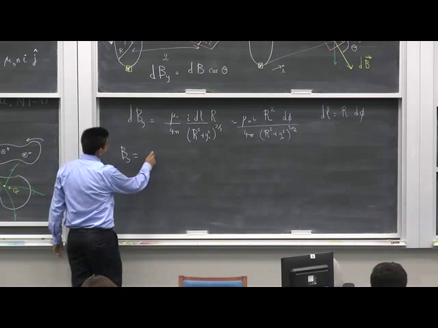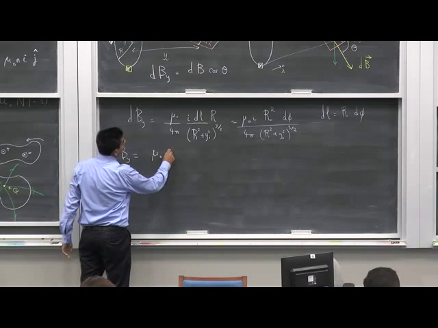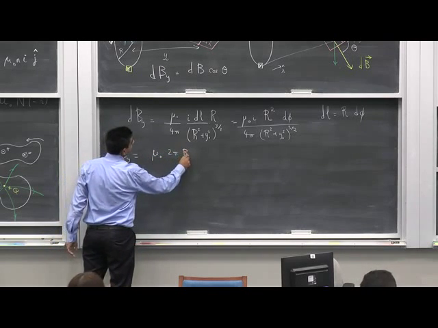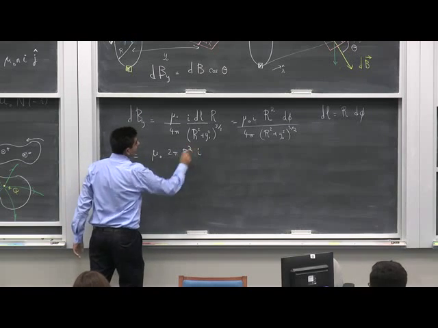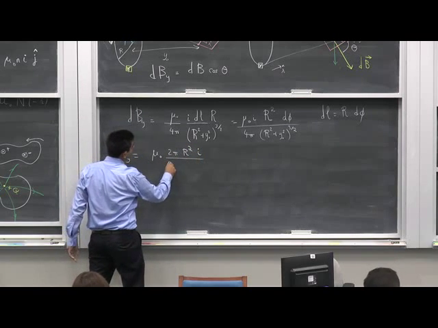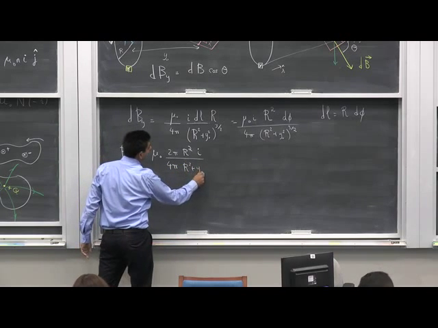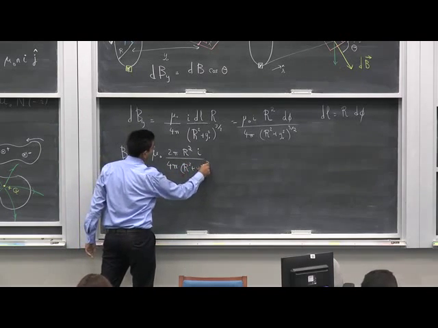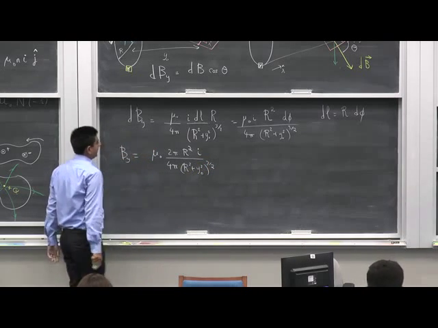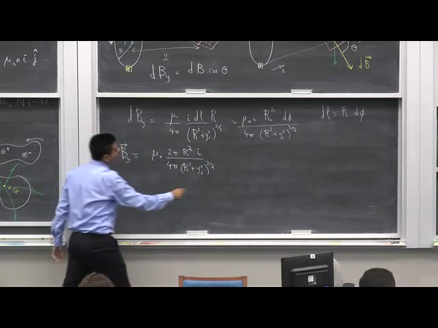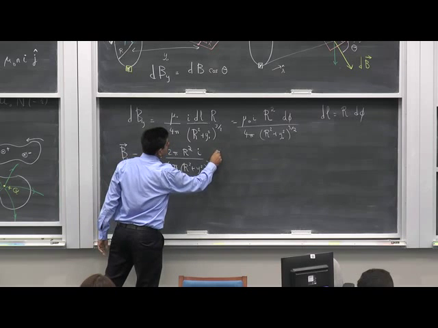So I will get mu naught 2 pi r squared I over 4 pi (r squared plus y naught squared) to the power 3 by 2. And if I were to put a vector sign on this, this is of course pointing in the j direction.